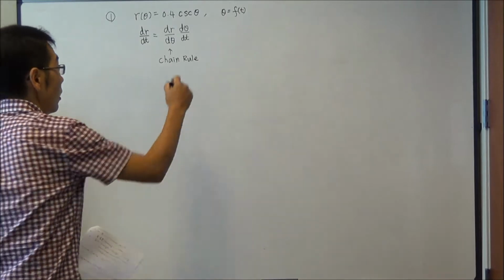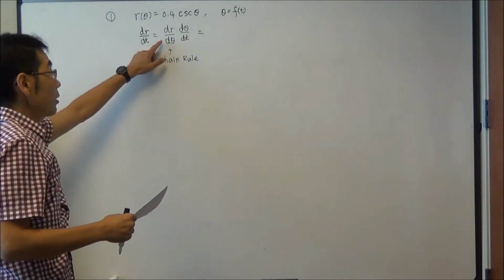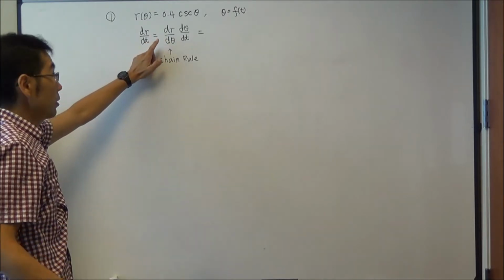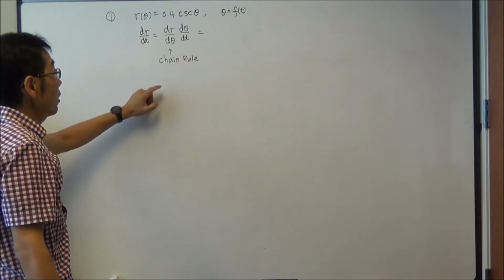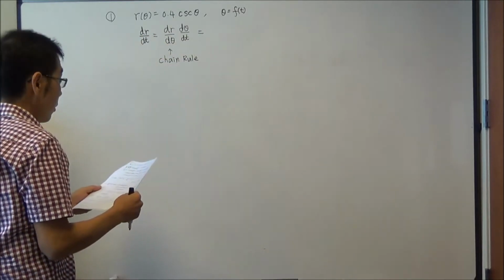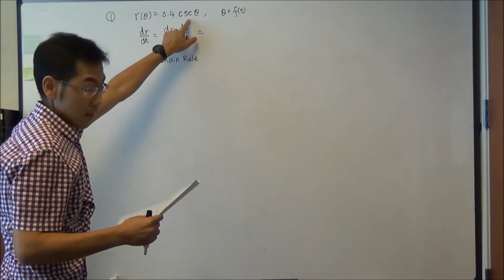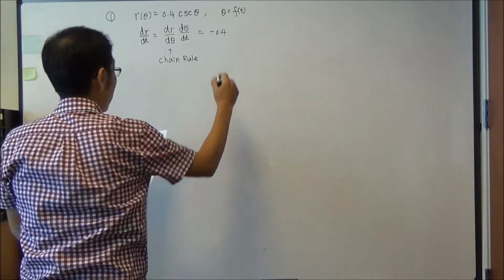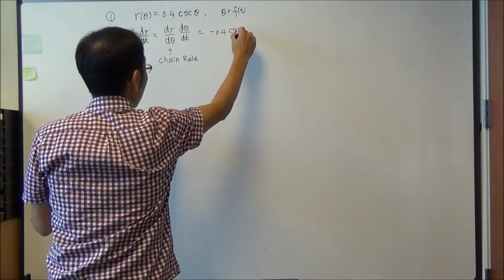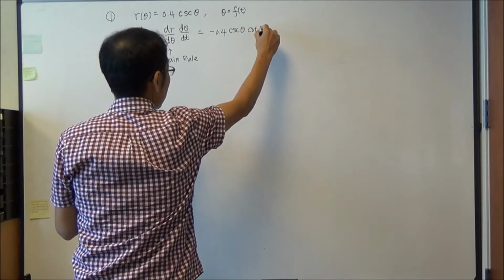Okay, so let's move on. If you take the theta derivatives for the r function, what is it? If you take the derivative of cosec, that's minus cosec theta and cotangent theta.